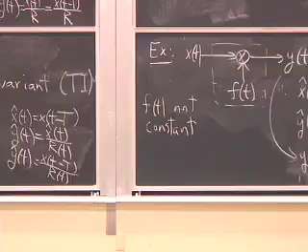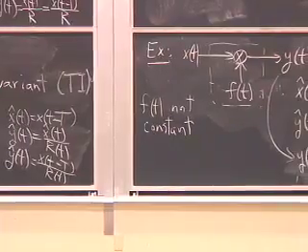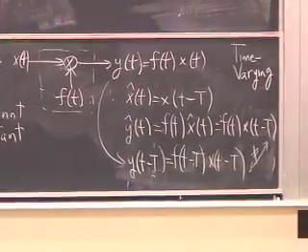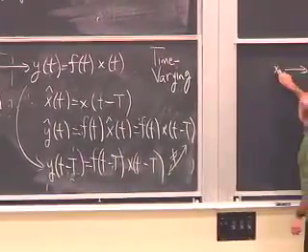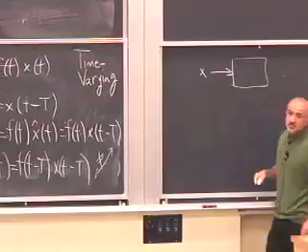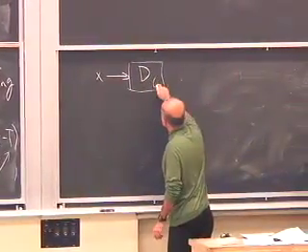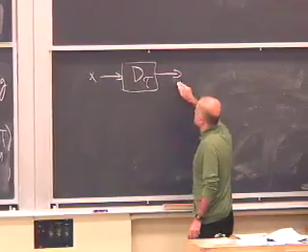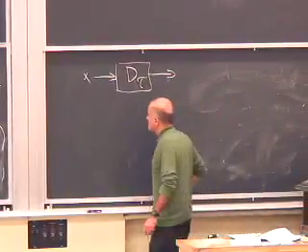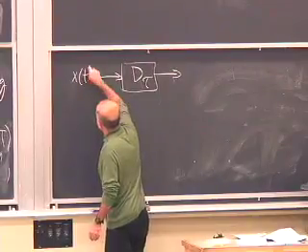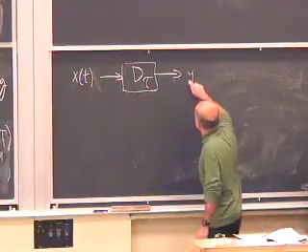But now I want to, oh, I forgot to do this. Let me define a system that's a time shift, with a delay T. Instead of putting the x, I'm going to abuse our terminology and put the t in here.